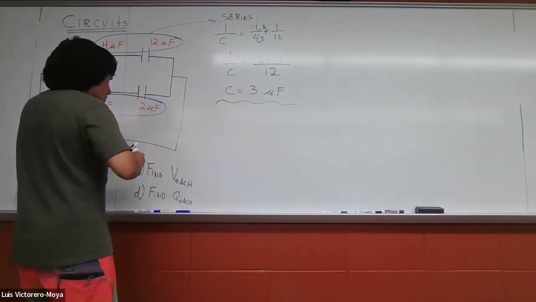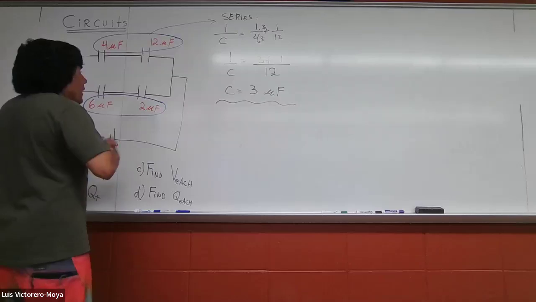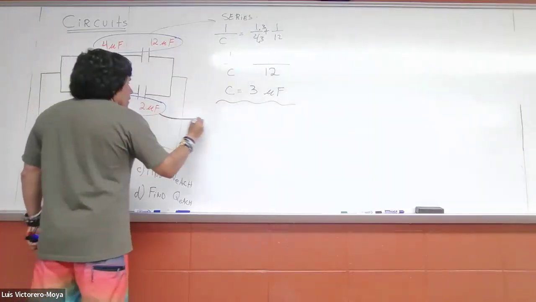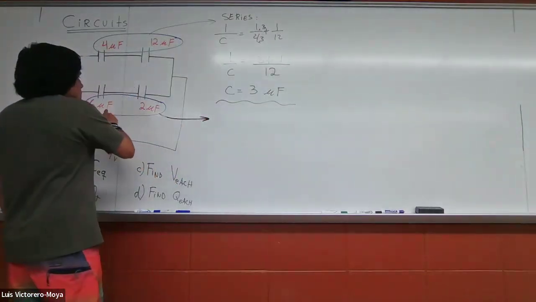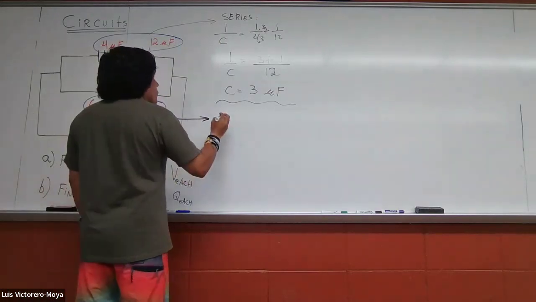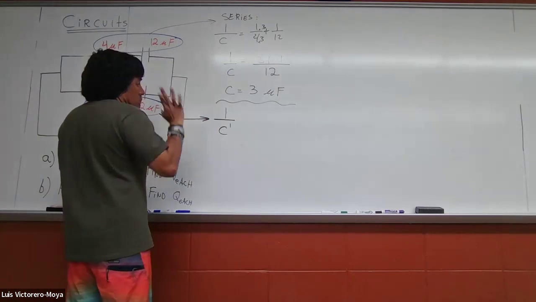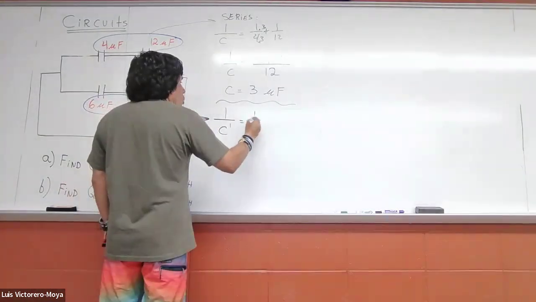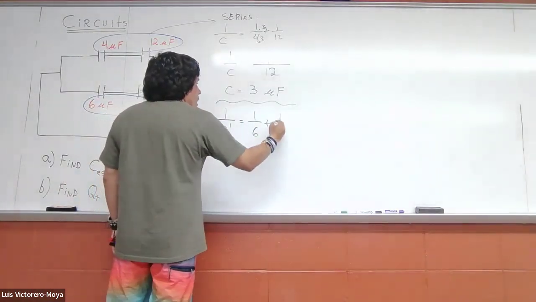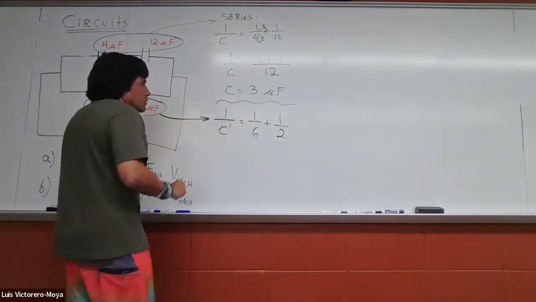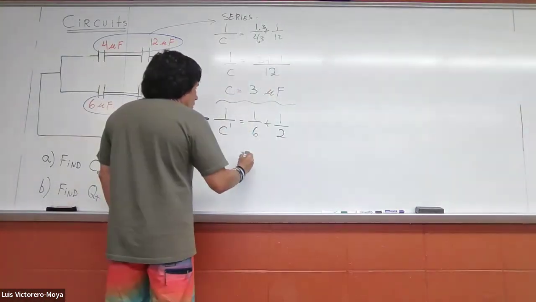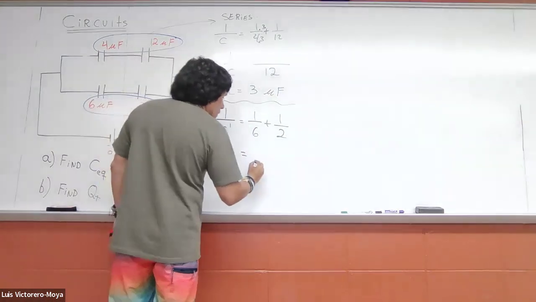And then I'm going to combine 6 and 2. 1 over C prime is 1 over 6 plus 1 over 2. Again, easy.